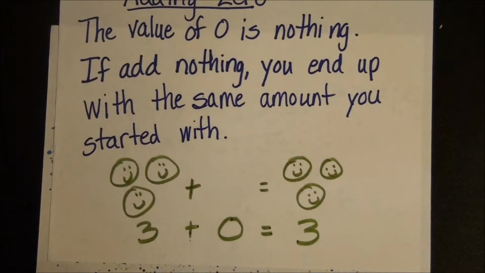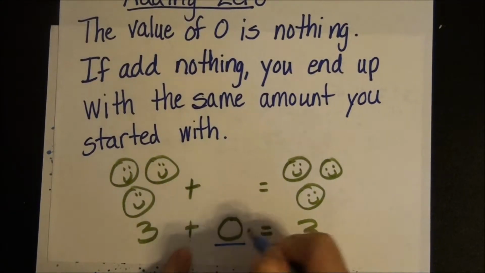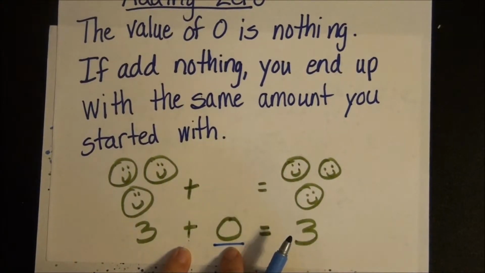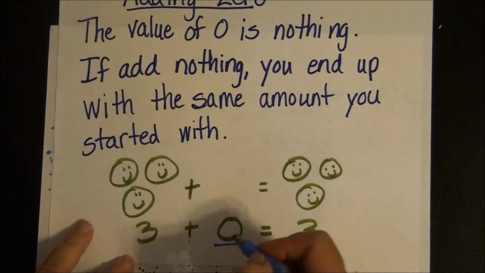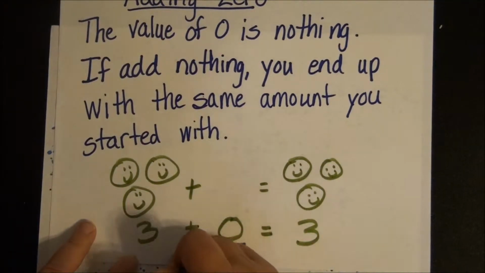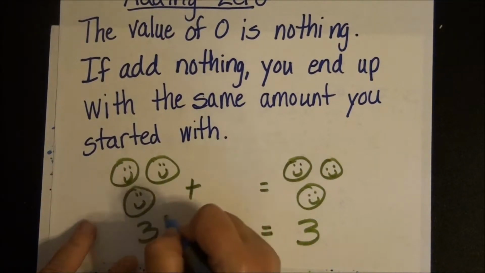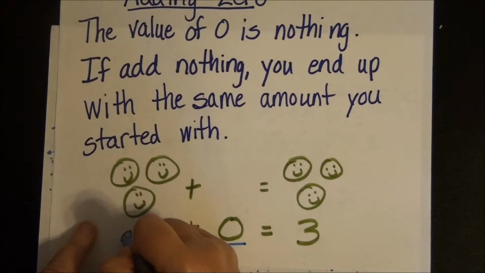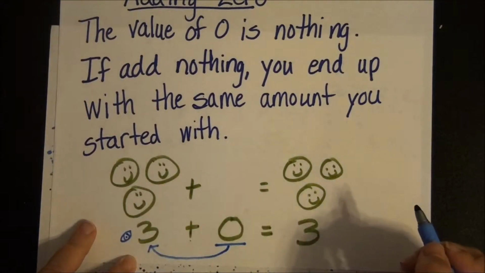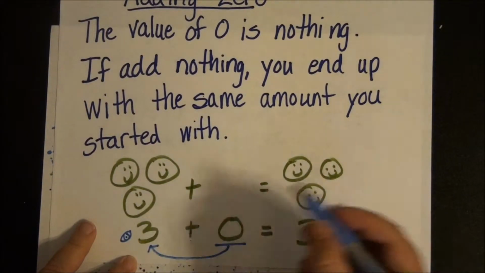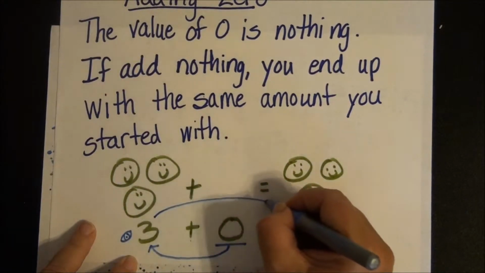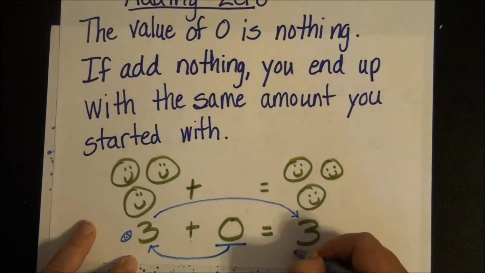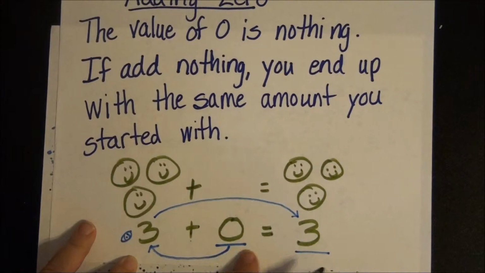I can remember the rule this way. If I see 0 in a number sentence, I'm going to look at the other number. I'm going to draw a little eye here. So remember to look at the other number, and I'm just going to write that number after my equal sign, because 3 plus 0 is the same as 3.